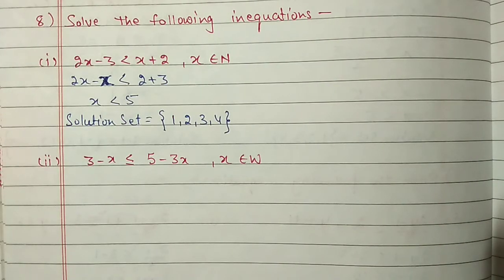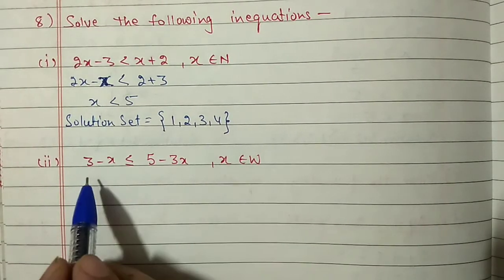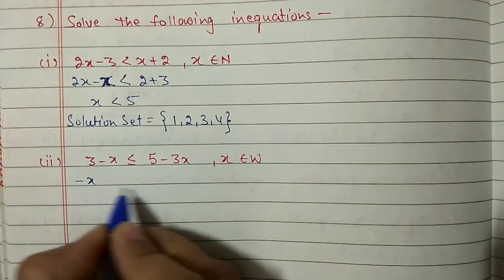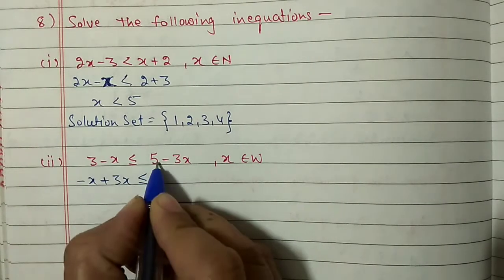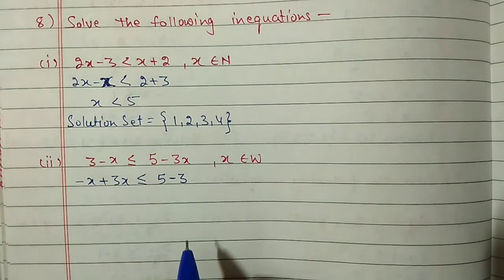Second part: 3 − x ≤ 5 − 3x, and the replacement set is given as whole numbers. So first simplify this: minus x as it is. This minus 3x will shift here, it will become plus 3x. 5 as it is, and this plus 3 when we shift it will become minus 3.